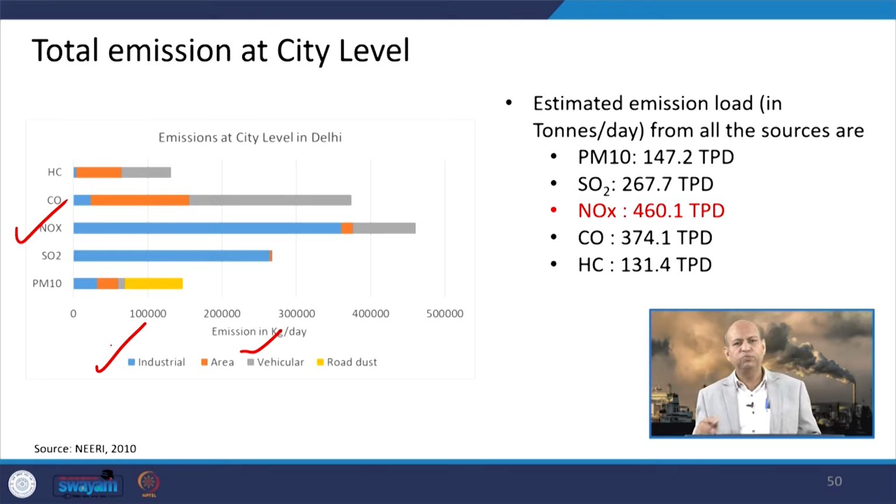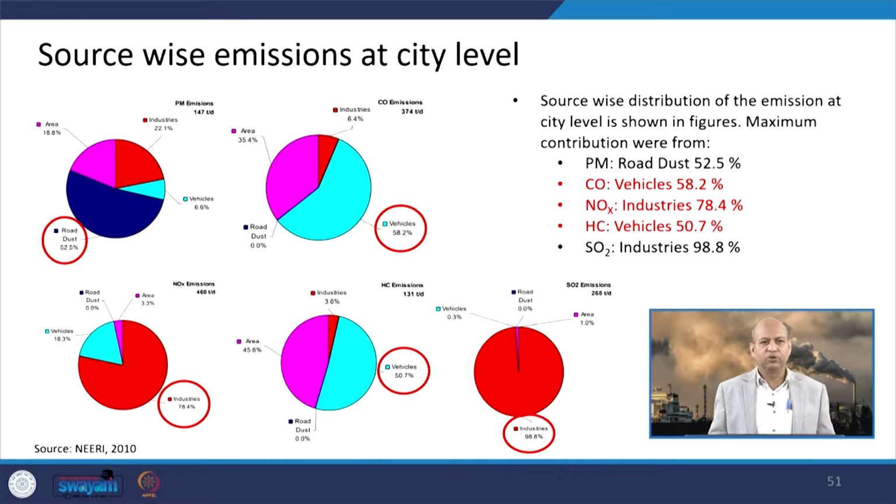And I always repeat that NOx, CO and hydrocarbons are precursors of ozone. So, we should be quite sensitive about these pollutants and how to reduce them, because they may create another problem in future if we do not give due attention.